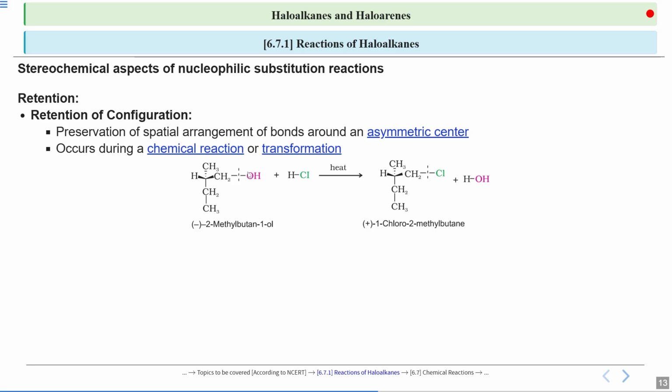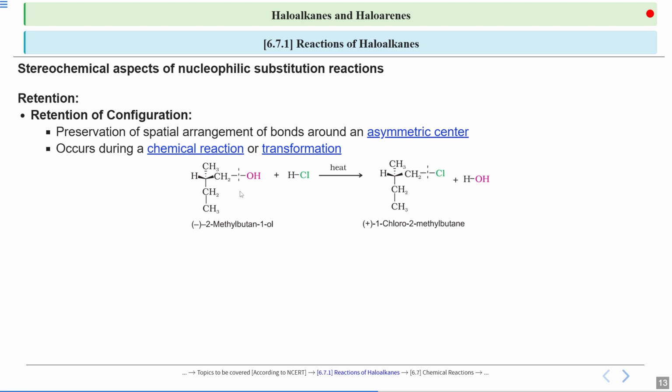At the very first carbon we have the hydroxyl group attached, at the second carbon we have the methyl group attached, and then there is this third carbon and this is the fourth carbon. So a 4 carbon chain, butane. So 2-methylbutan-1-ol: at the first carbon we have the hydroxyl group, and the negative sign is representing the levorotatory form.